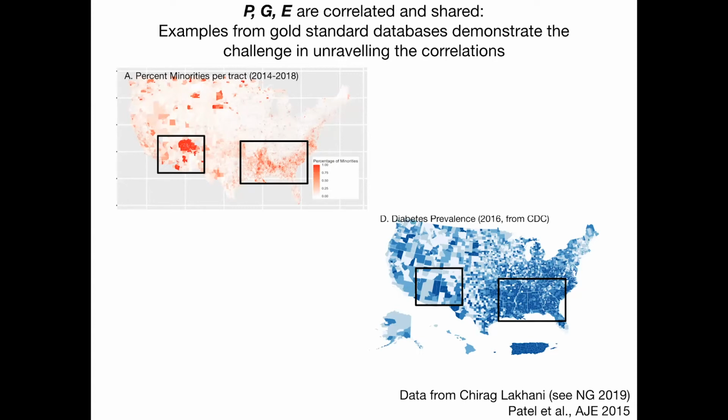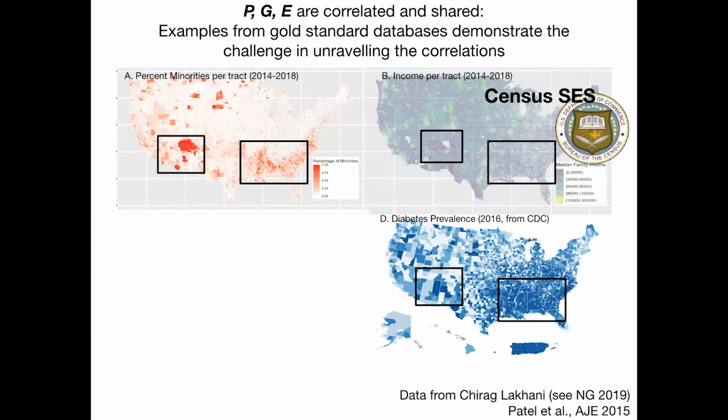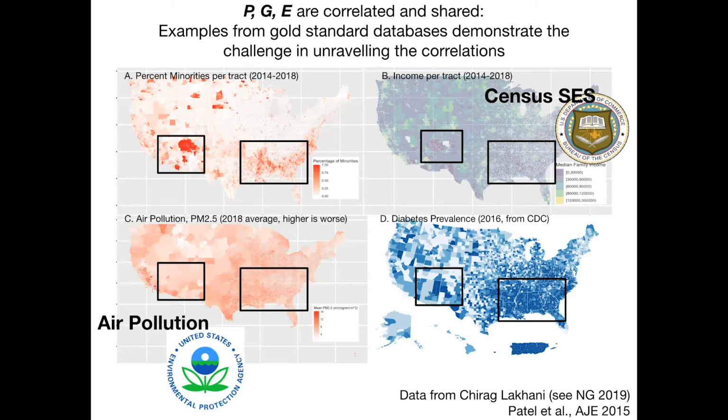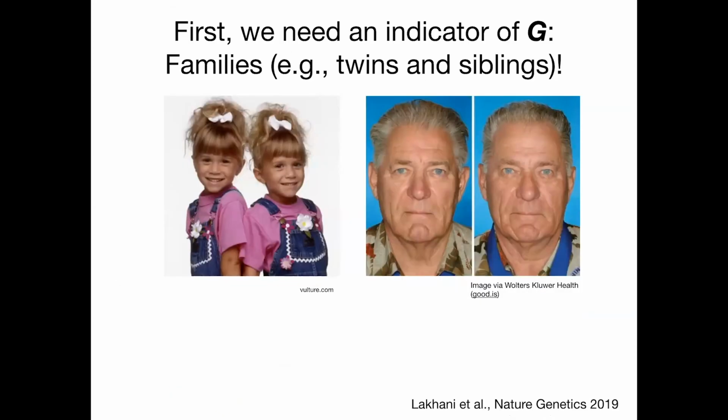So a genetic component of that, but also a phenotypic component. Also a shared environment, such as income, and you can see how that's also clustering in these areas, or a lower income, as well as air pollution. So the idea is, can you disentangle all these contributing and sometimes competing factors to understand their joint contribution?